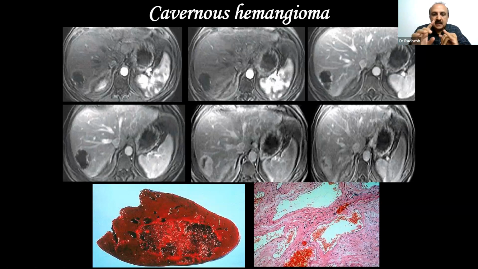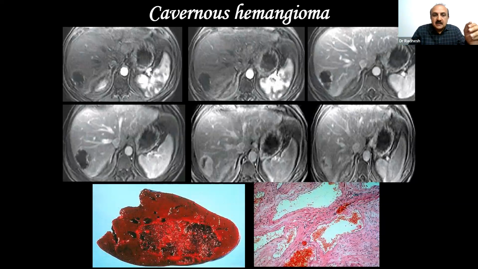You do not get it in hepatic adenomas. You do not get it in FNH. You will not get it in hepatomas. You will not get it in metastasis. So if you see a centripetal fill-in of contrast and slowly the lesion becoming iso-dense with that of the liver or iso-intense with that of the liver, this is hemangioma.